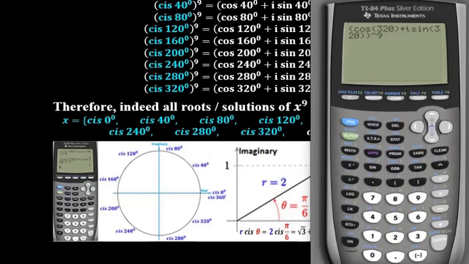So that's cosine 320 degrees plus i sine 320 degrees to the power of 9, and that should give you 1. And here it is, 1.